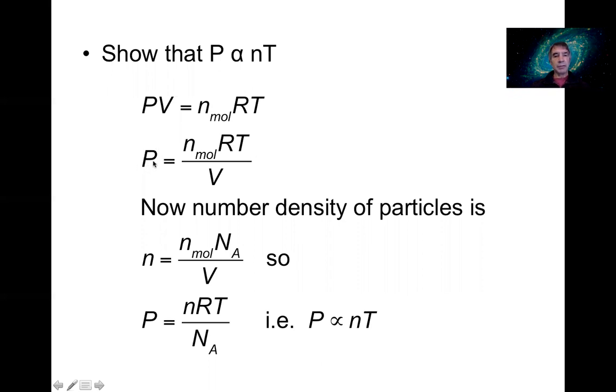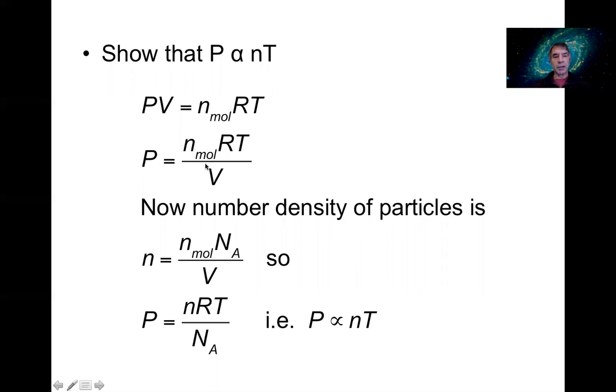If we're looking for an expression for the pressure, then you can see that it's basically the number of moles divided by a volume, if you bring volume to the other side. Now clearly that looks like a number density already, but it's the number of moles over the volume rather than the number of actual particles.